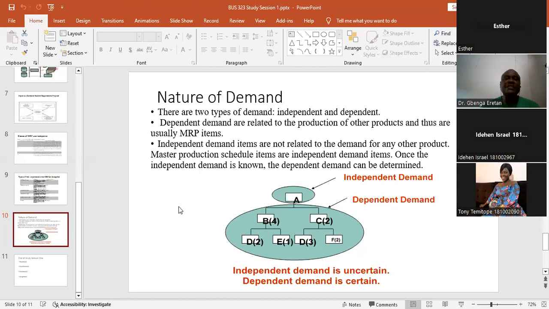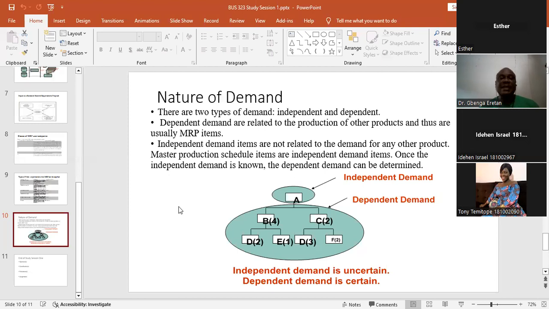The dependent demands are demands related to the production of other products, and thus are usually MRP items. While independent demand items are not related to the demand for any product. So the master production schedule items are independent demand items.